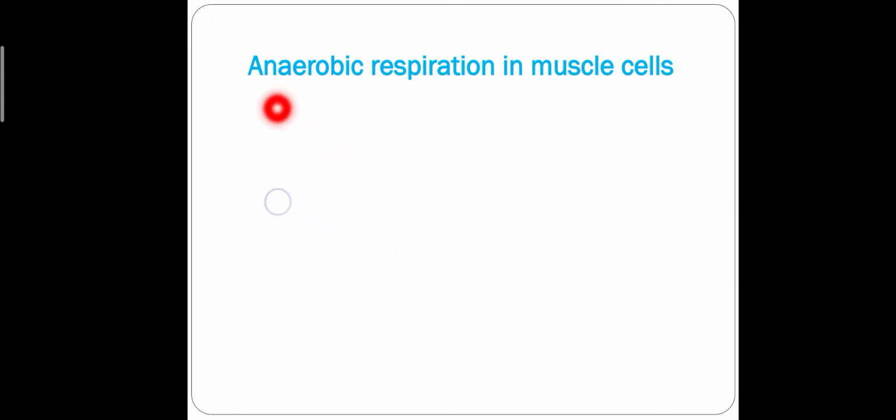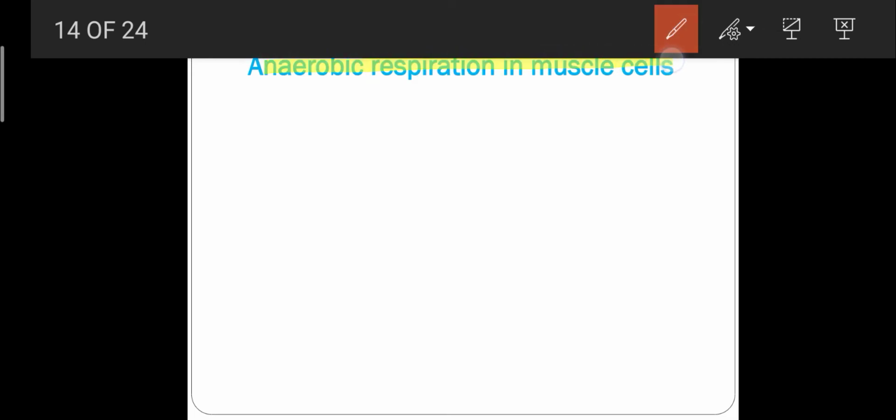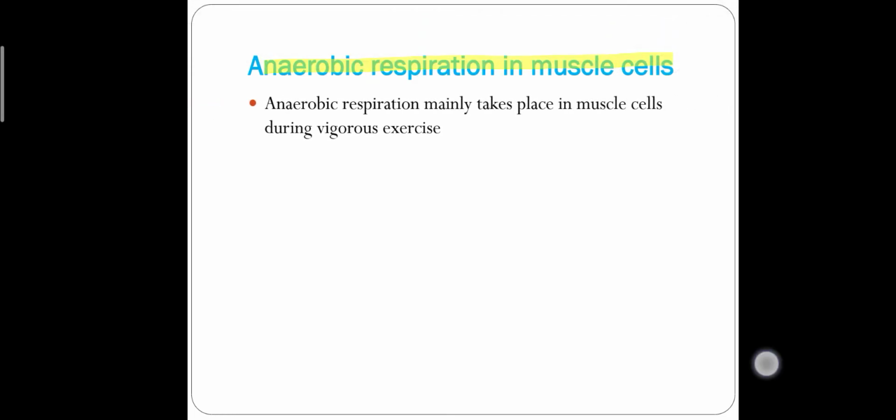Now we will discuss anaerobic respiration in the muscle cells. Anaerobic respiration mainly takes place in the muscle cells during hard exercise.